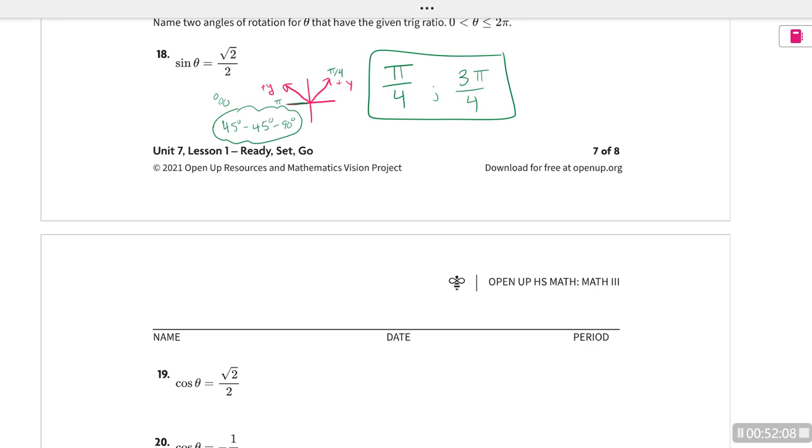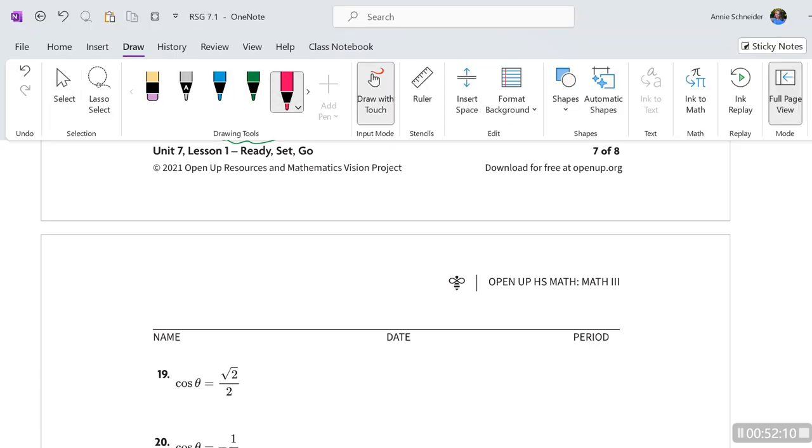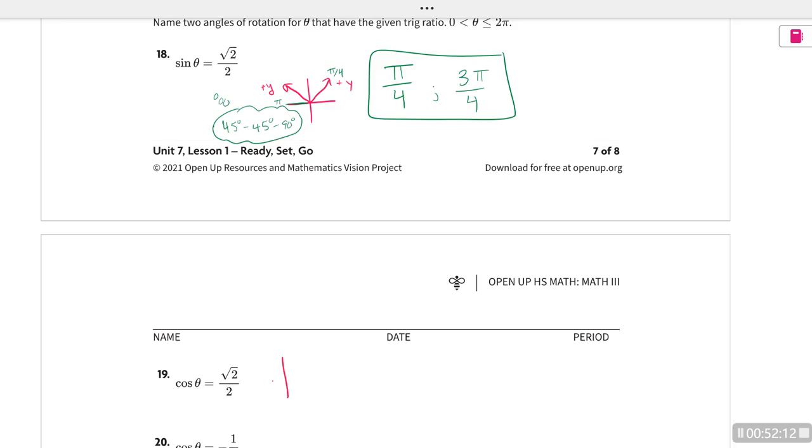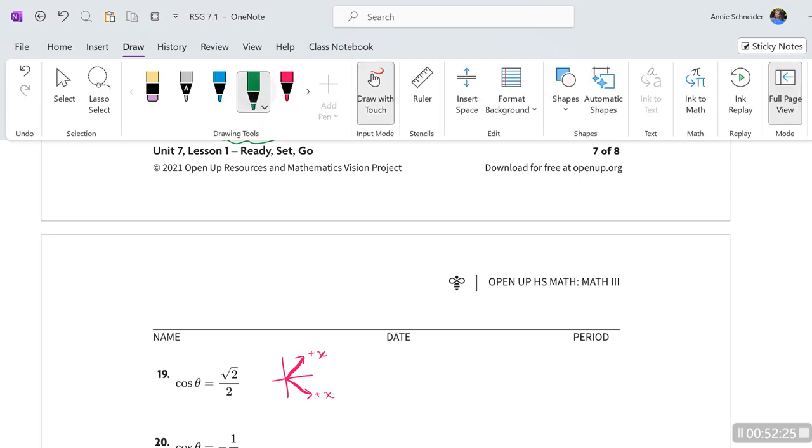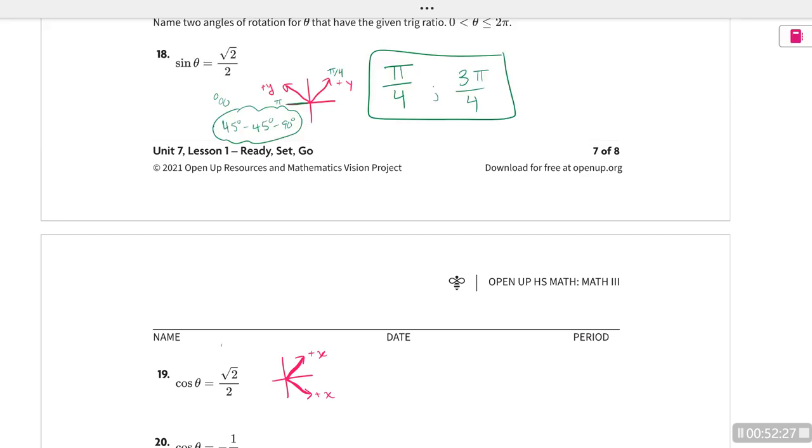Question 19. So this time it's cosine of theta equals square root 2 over 2. Where cosine is positive is the same as where x is positive. So positive x is in that first quadrant and in the fourth quadrant. We already figured out that the square root 2 over 2 is that 45, 45, 90 triangle.